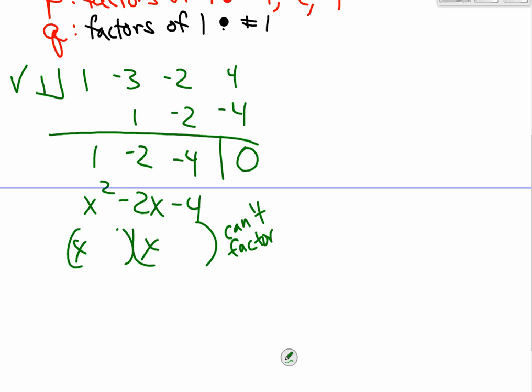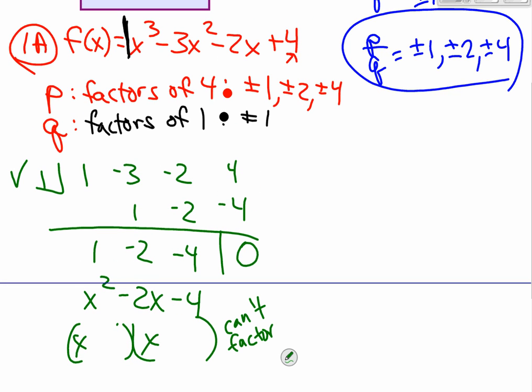So the only one of these out of this list that is a 0 is that +1. And so we could have also done synthetic division and tried all of those and figured out that none of those work as well.